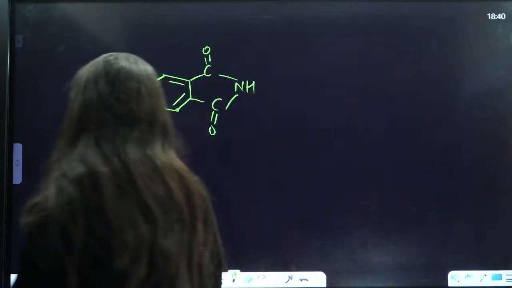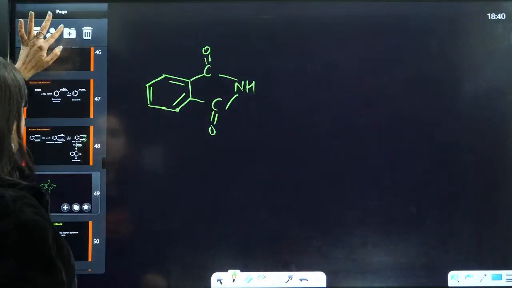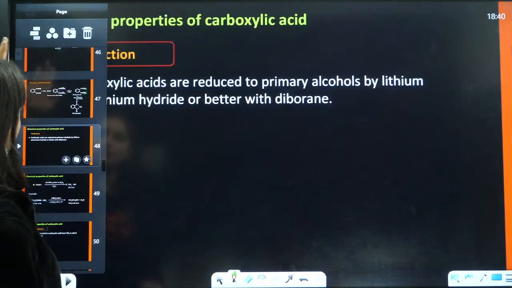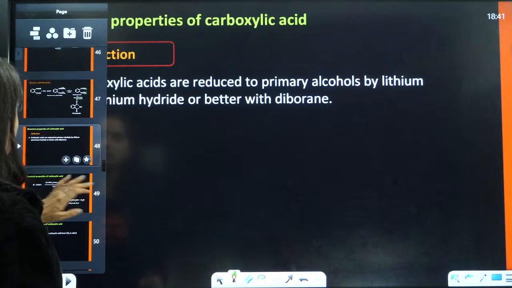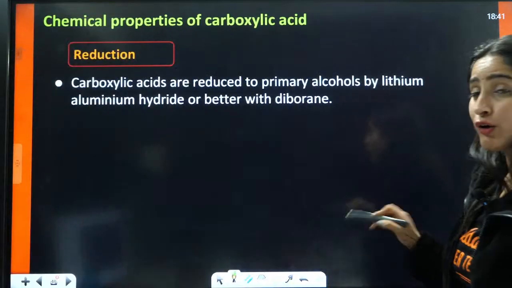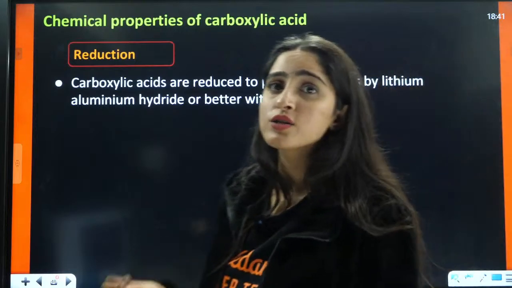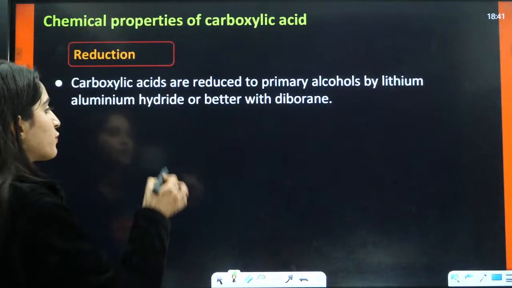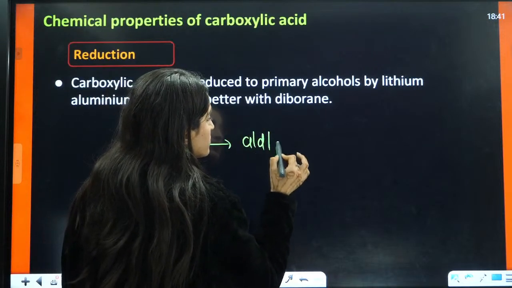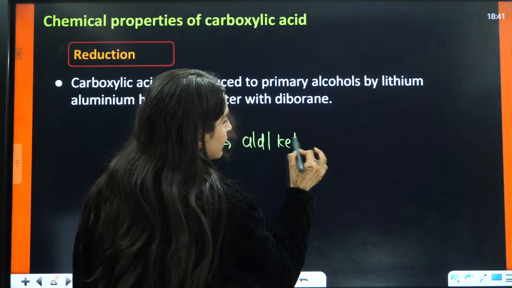Okay, very good. Now, next is reduction. Reduction is the inverse of oxidation, right? We know that from alcohol, we had aldehydes and ketones.